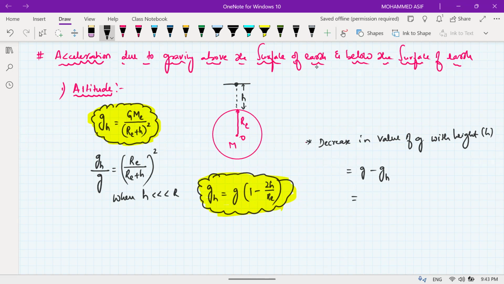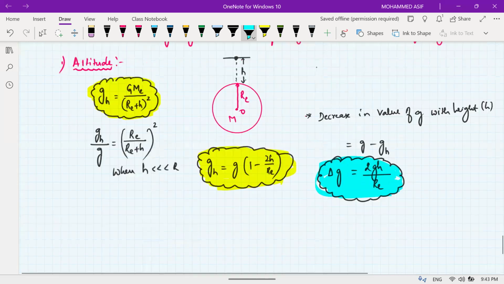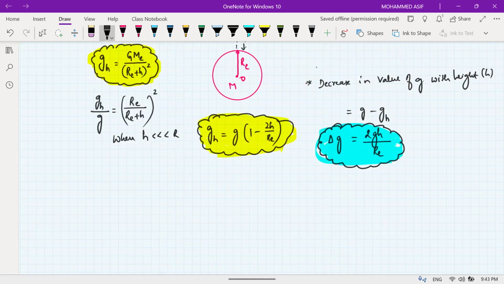So that will come out as 2 g h divided by the radius of the earth, delta g. So the decrease in the value of g with respect to height will be, a very important formula, delta g equals 2 g h divided by the radius of the earth. Now if he is asking the percentage decrease, then how do you calculate it?